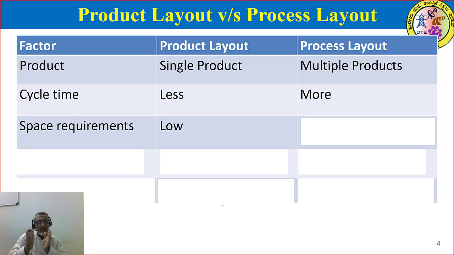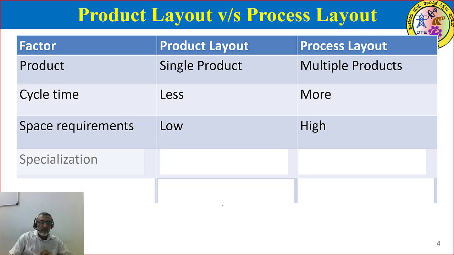It is very compact, so things can be built in a small area. That is, the space requirements are low in product layout. On the other hand, in a process layout, each section needs its own space. That's why the space requirement is very high in a process layout.